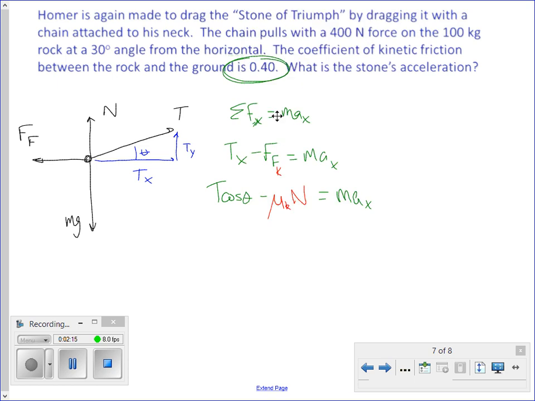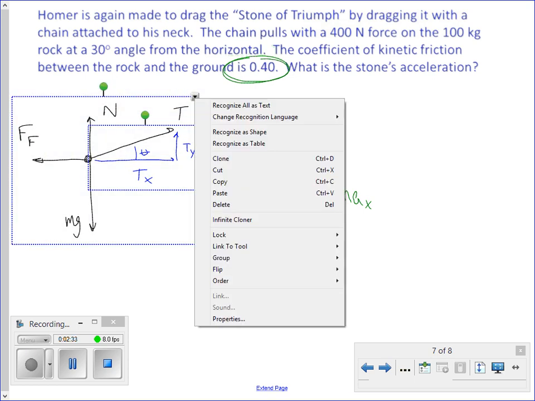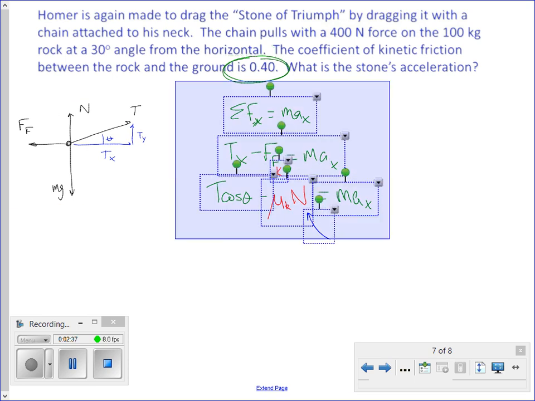Now, the next issue is, what's the normal force? The thing you'll get familiar with in any coefficient of friction problem is that you have to do an analysis of forces in the vertical direction and the horizontal direction.